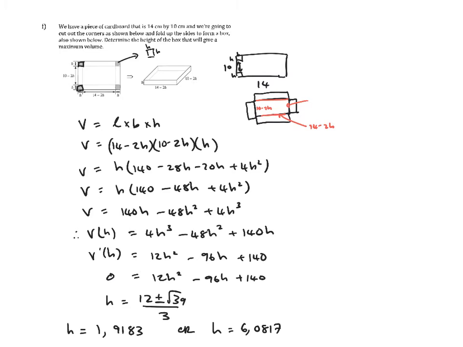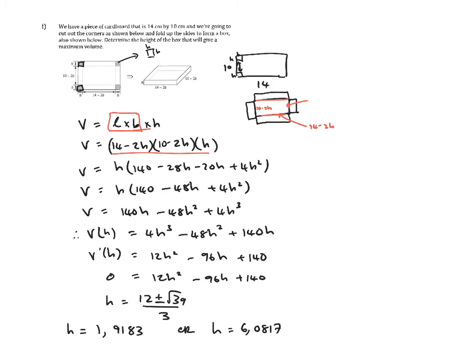So you now have the new base, the area of the base. If you want to find the volume, it's length times breadth times height, so it's the area of the bottom times the height. The length and breadth I'm referring to is the area of the base.